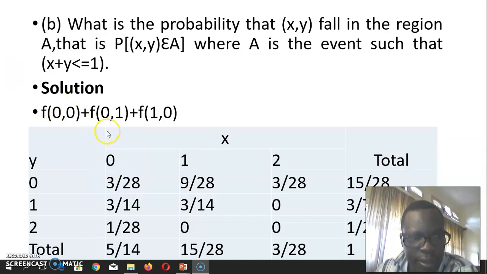When X is 0 and Y is 1, we shall have this probability, that is 3 out of 14. When X is 1 and Y is 0, we shall have 9 out of 28. So applying the additive rule, we shall sum them and we shall be able to get the probability of the event A.